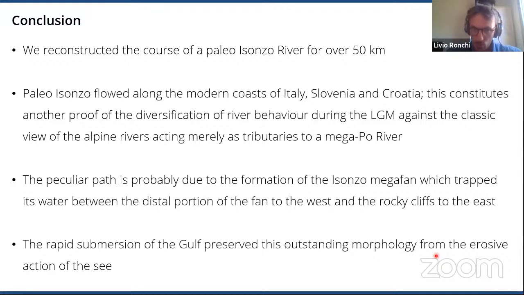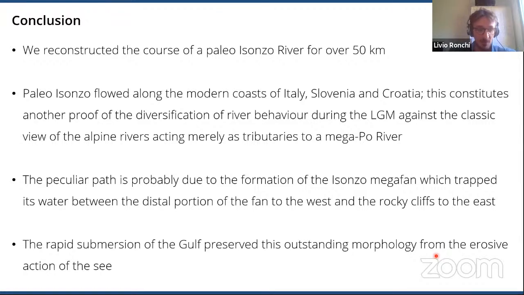In conclusion, we managed to reconstruct the path of this ancient river for over 50 kilometers. And to our knowledge, this is probably the longest reconstruction available in the Mediterranean area, at least the submerged one.